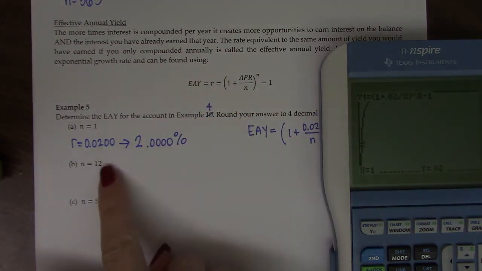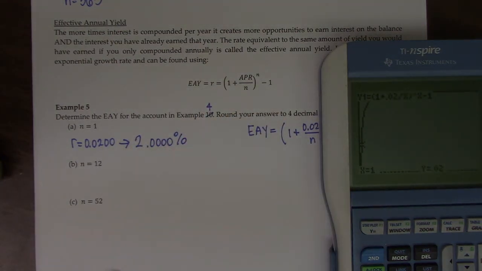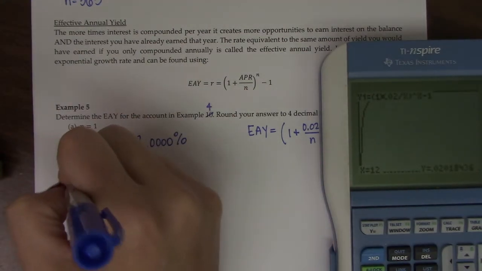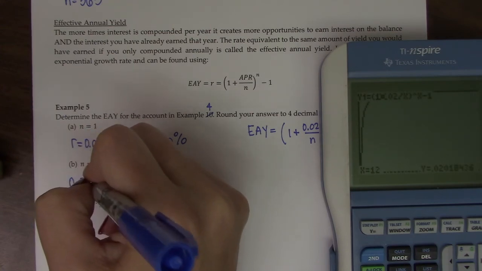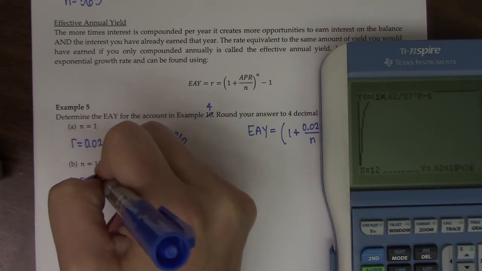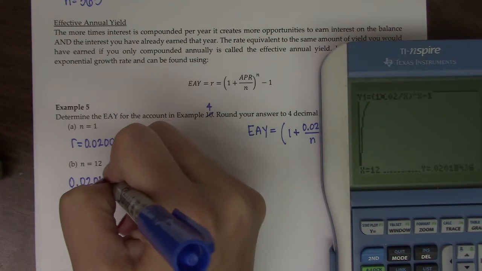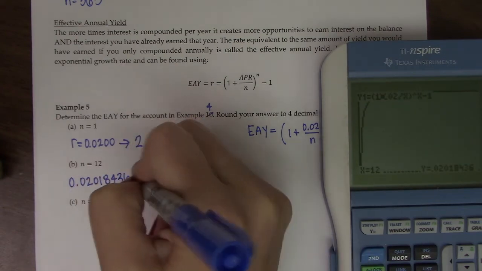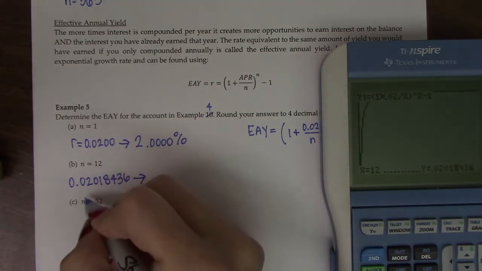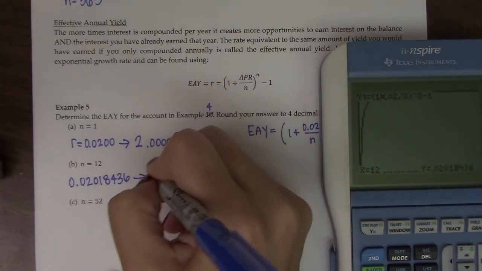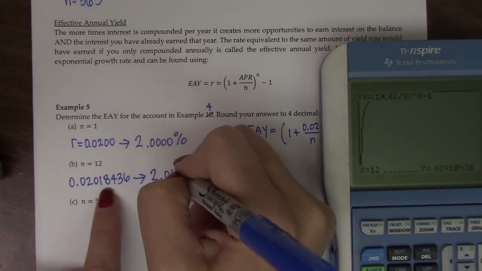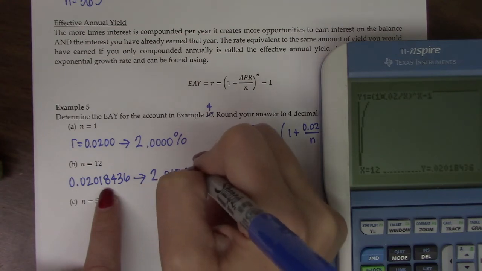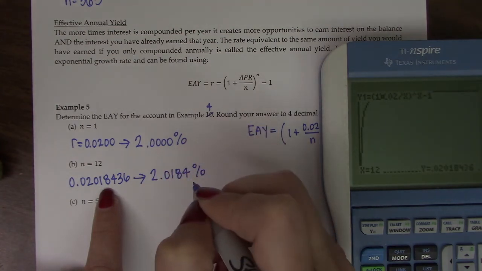So pay attention to how they want the final format of the answer. If I put in 12, I get 0.02018436. And if I convert this to a percentage by multiplying by 100, I get 2.0184%.